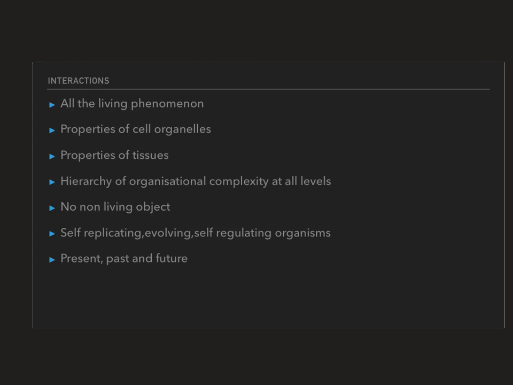Properties of tissues are not present among its constituent cells. They emerge due to interactions among its constituent cells. In this way, interactions are there at each level, at atom level, at molecule level, at organelle level, at cell level. No non-living object shows this kind of interaction. That's why interaction is also a defining property of living beings.